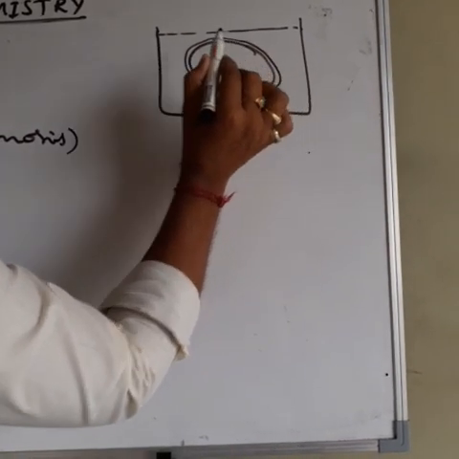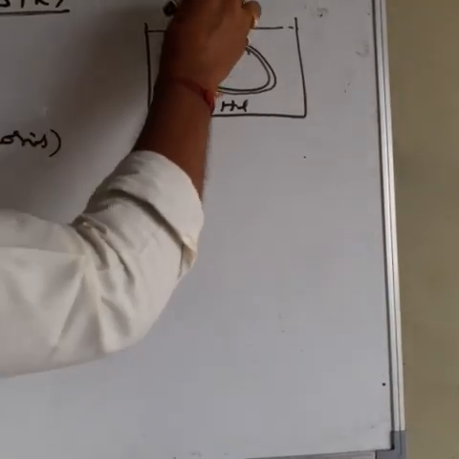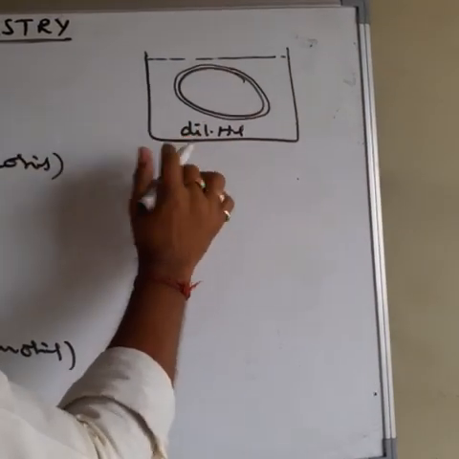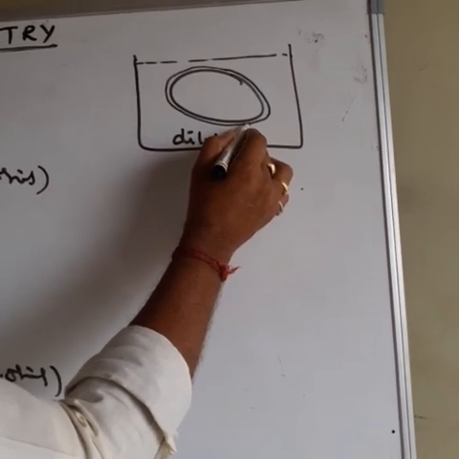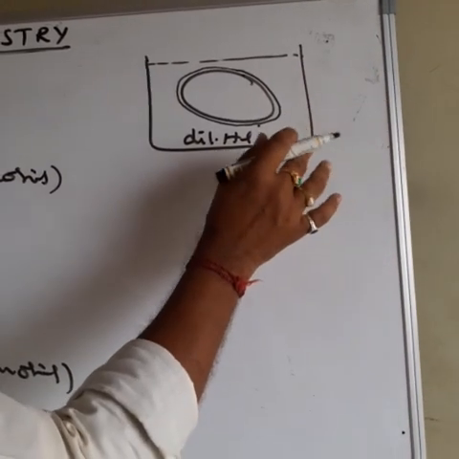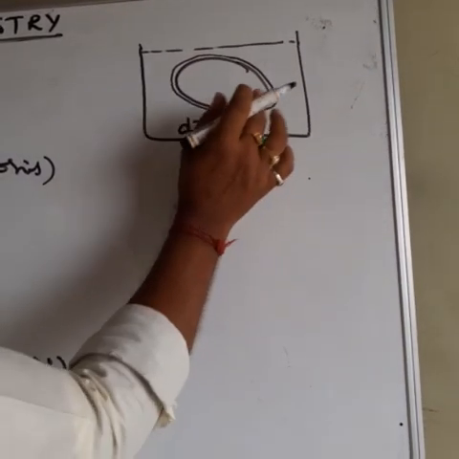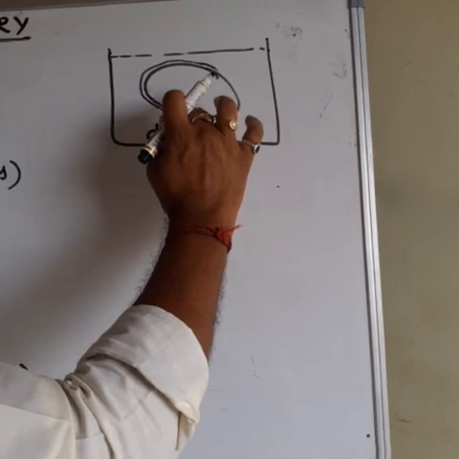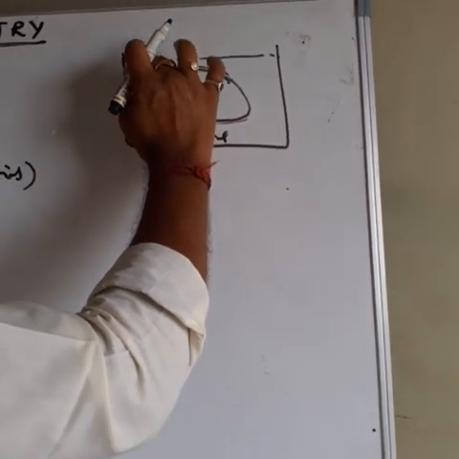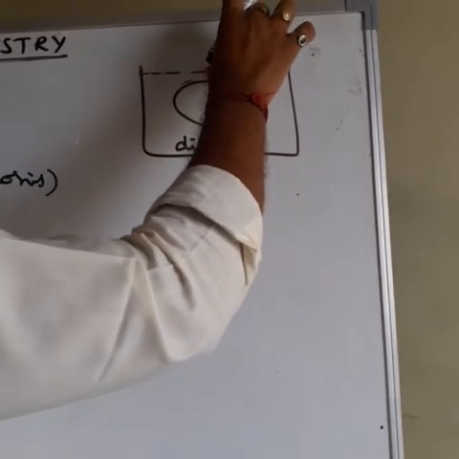Whenever the egg is dipped into the dilute HCl solution, the HCl reacts with the calcium carbonate of the outer skin, giving calcium chloride, water and carbon dioxide. Finally the outer skin of the egg is removed by the reaction between HCl and calcium carbonate.